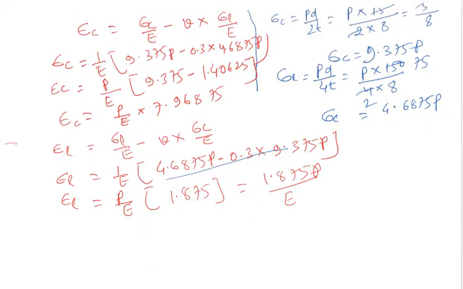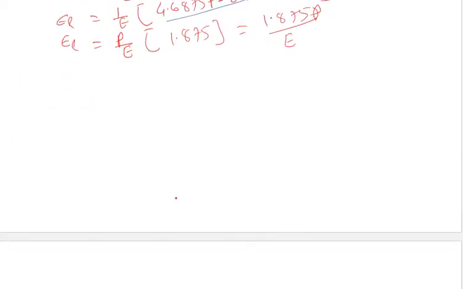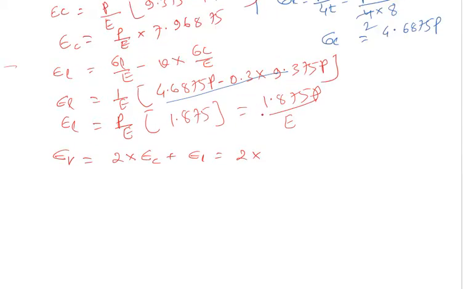Now we know that from the equation number 1, that is epsilon V is equal to twice of epsilon C plus epsilon L, and 2 into epsilon C, that is 7.96875 into P by E plus how much, 1.875 into P by E. Correct.